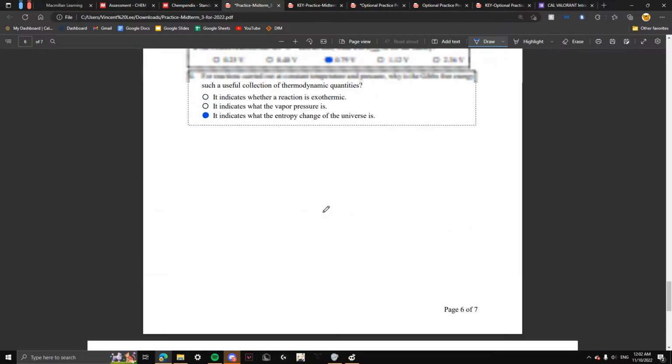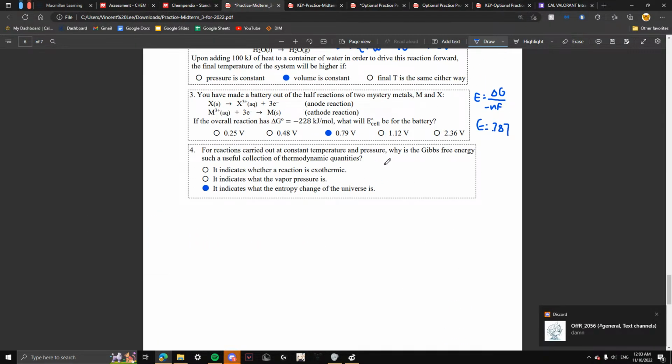Is this the last problem? Oh, it is. Okay. Well, delta G doesn't always indicate whether or not a reaction is exothermic. Because for delta G to be positive or negative, it's going to be delta G equals delta H minus T delta S. Delta H can be either positive or negative as well.